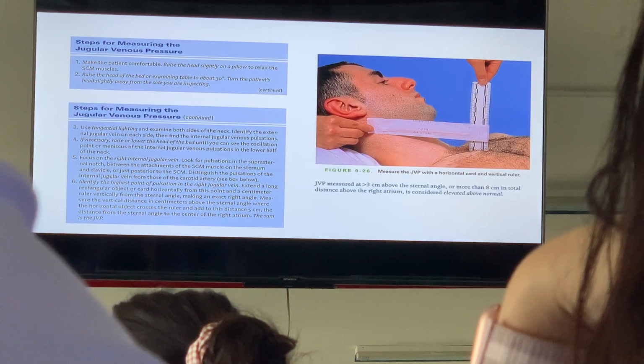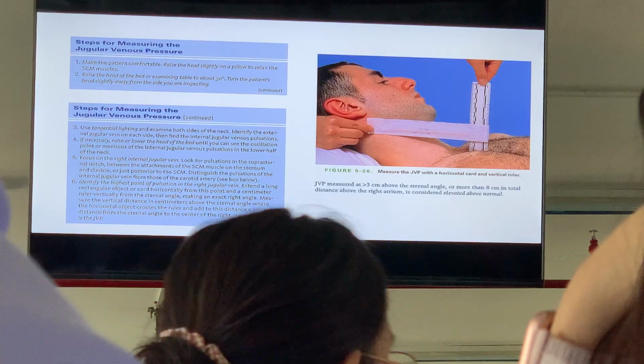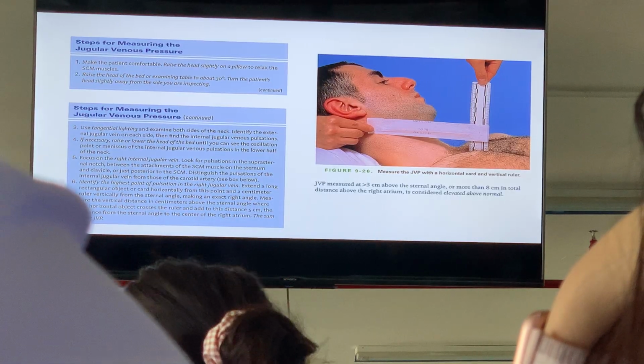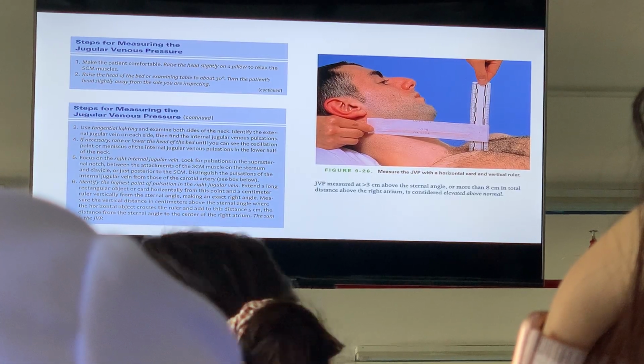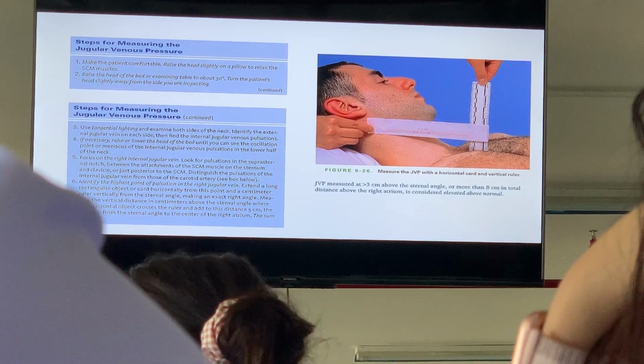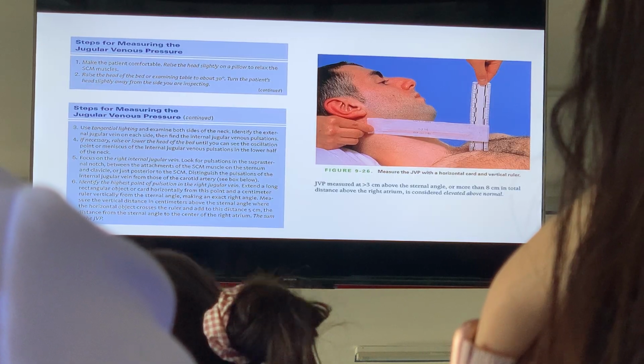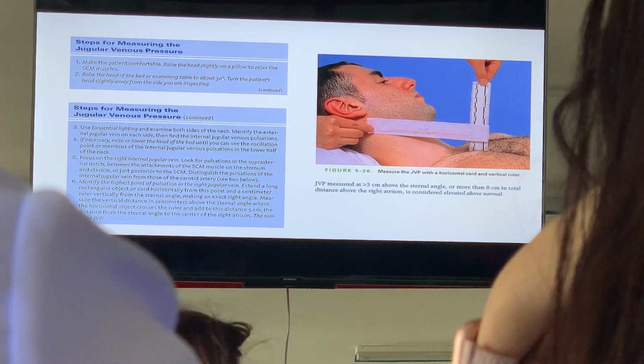When you go to the clinics, you have to bring your rulers because that is essential. You make the patient comfortable, and then raise the head of the bed slightly to relax the sternocleidomastoid. Then you raise the head of the bed to approximately 30 degrees or 60 degrees, and adjust that accordingly.